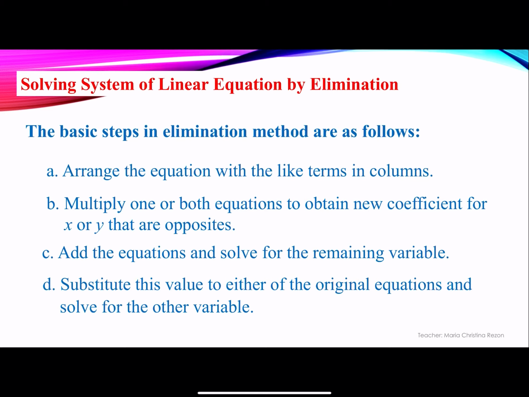Okay, let's try to apply this. It's kind of complicated when you listen and read it, but we'll try to have some examples so that we can apply all these steps in solving linear equations by the elimination method.